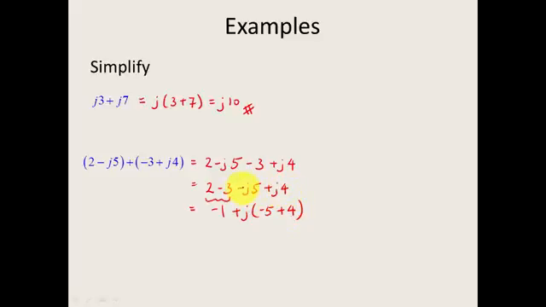So take note that if there's a minus sign here, there must be a minus sign here. So copy down the minus 1, copy the plus j. Minus 5 plus 4 gives me minus 1. So the final answer will be minus 1 minus j, and that is my final answer.